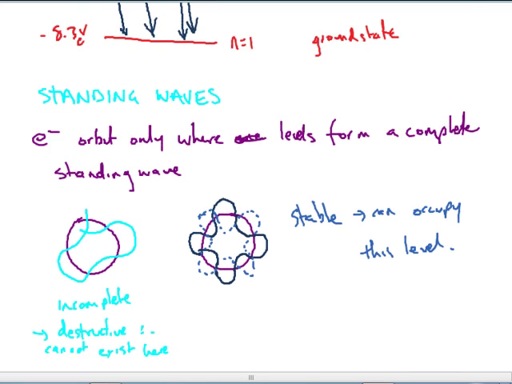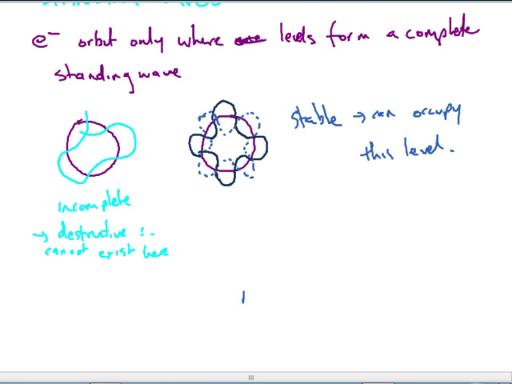The equation that goes with that is n lambda equals 2 pi r. So if we want to work out the radius, it depends on how many standing waves are going to exist at that wavelength.